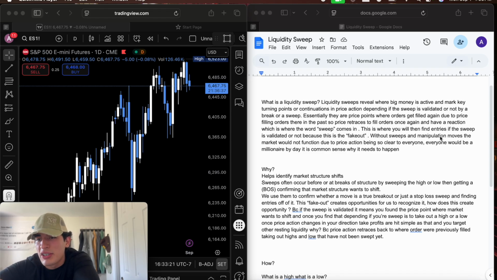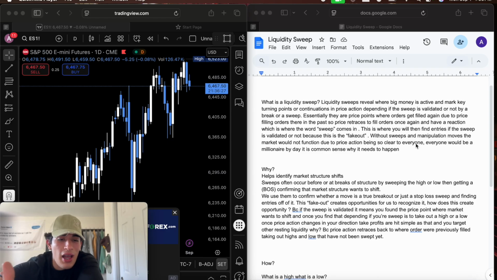Without sweeps and manipulation, moves in the market will not function, due to price action being so clear to everyone. So why does this need to happen? Because if price action didn't have manipulation, people would just enter long and become millionaires overnight, right? You need fake outs. It's psychological.